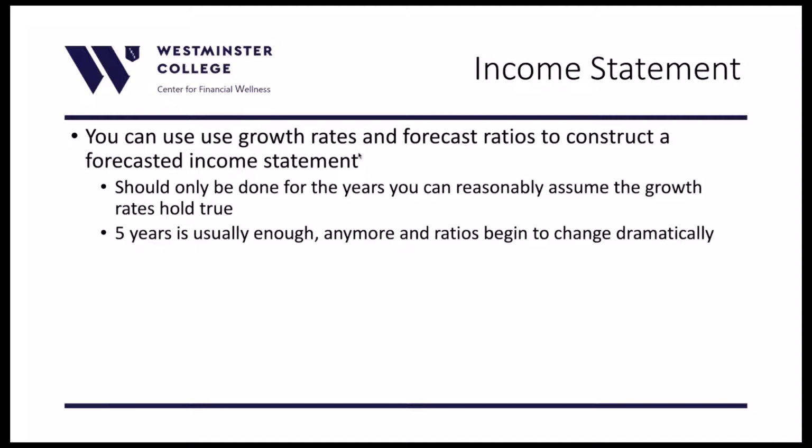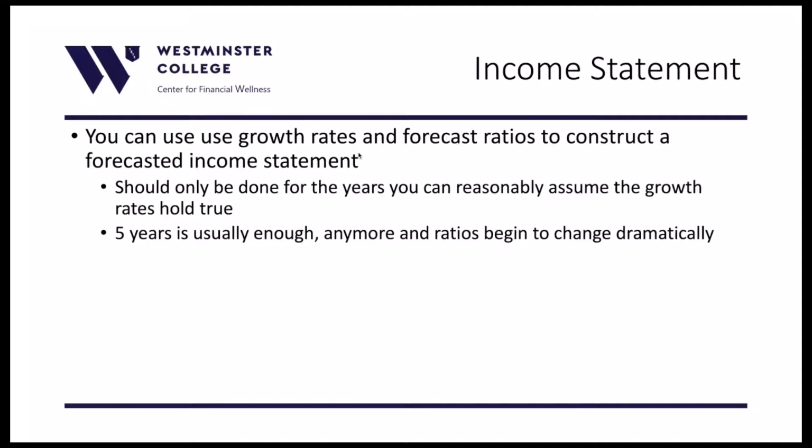We can only assume this for so long because at 10% we would have diminishing returns at a certain point. At that point, you would just grow at economic growth or the growth of the economy. So reasonably, we assume 5 years is a good estimate for how long your growth rate will hold true.